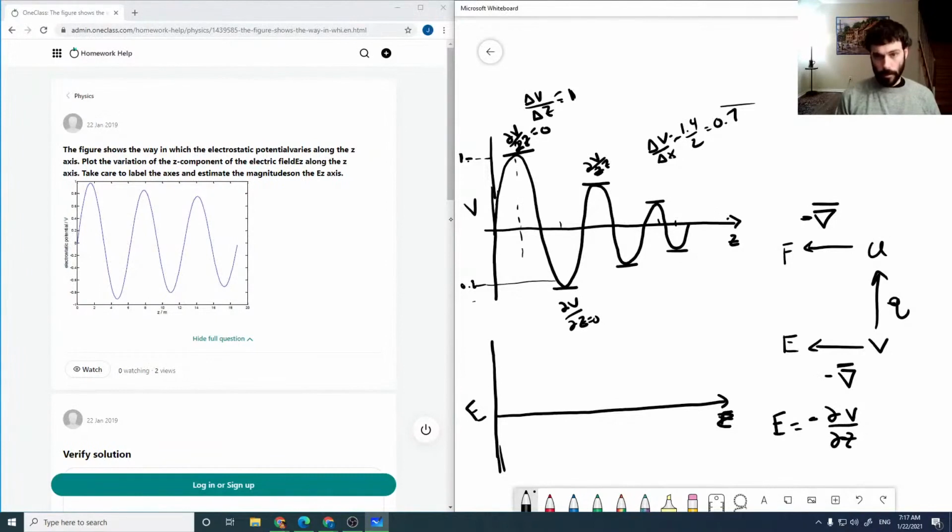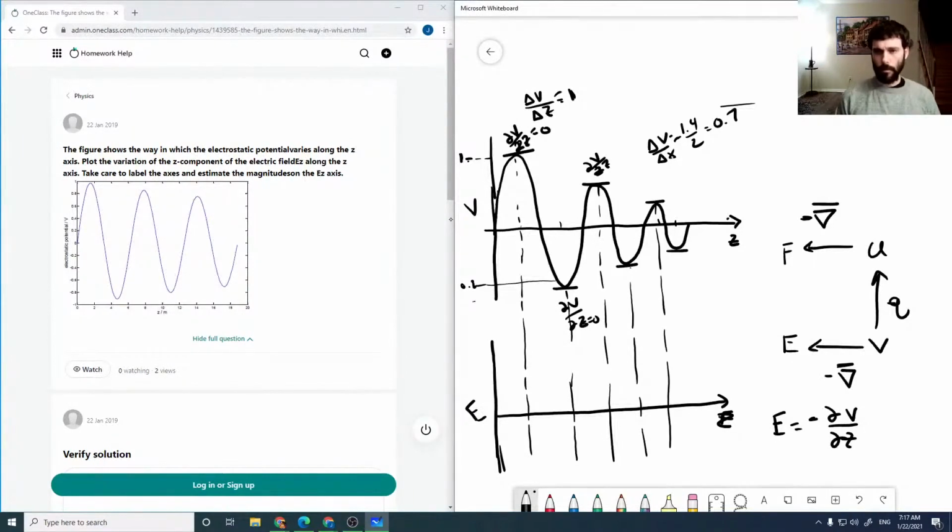And I'm going to do my best to try to drop these down to this lower plot, because these should be my 0 crossings, and it's going to guide my sketch.